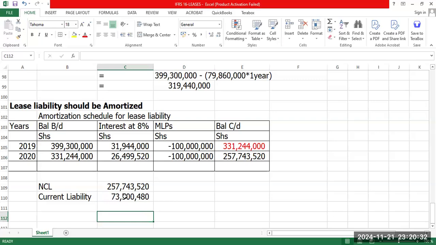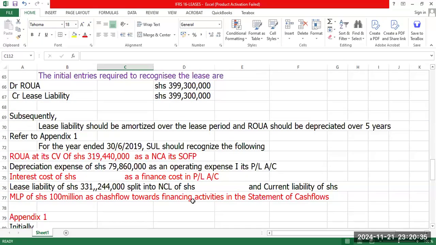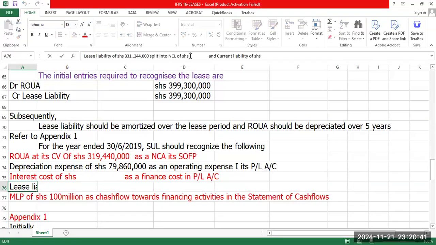And that's all. So you go back and report. Here, non-current liability, we are saying it is 257,744. Then current liability is 73,500.